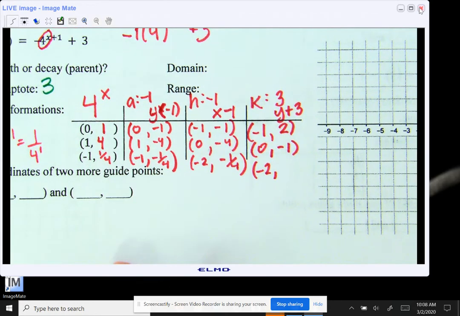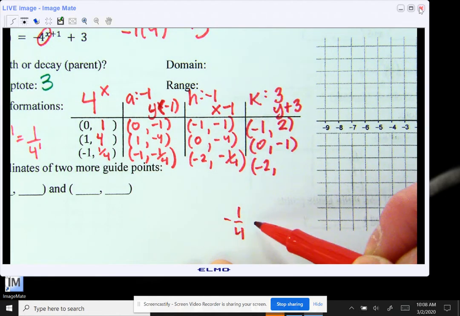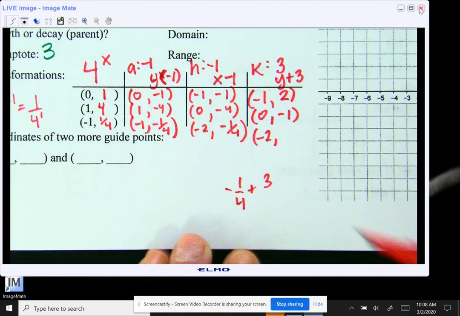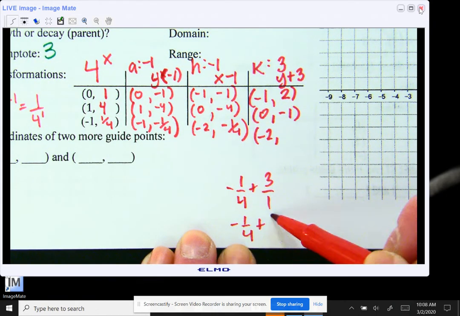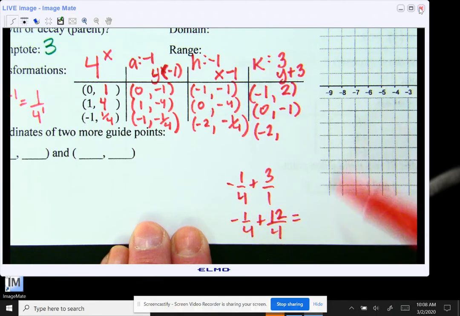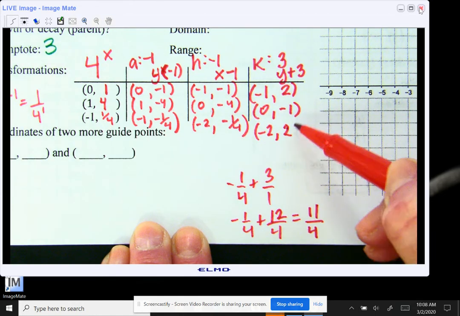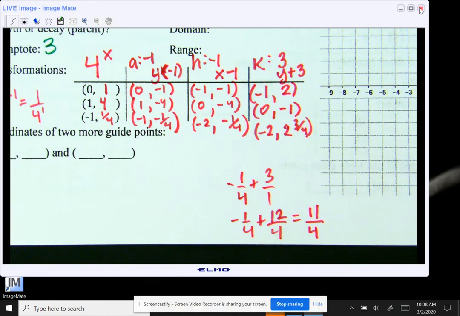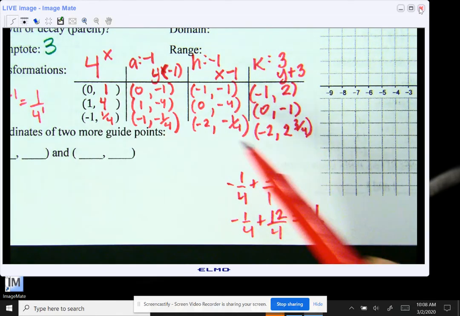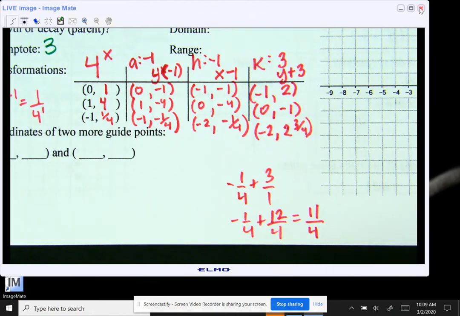Now when you get to the fractions, if you can't mental math adding 3 to the negative 1/4, you might need to do a little work on the side, like negative 1/4 plus 3. If you can't mental math it, you can use a calculator and do decimals. However, be very careful if the fraction is a repeating one, like a third or a sixth, you're going to run into trouble with a calculator.